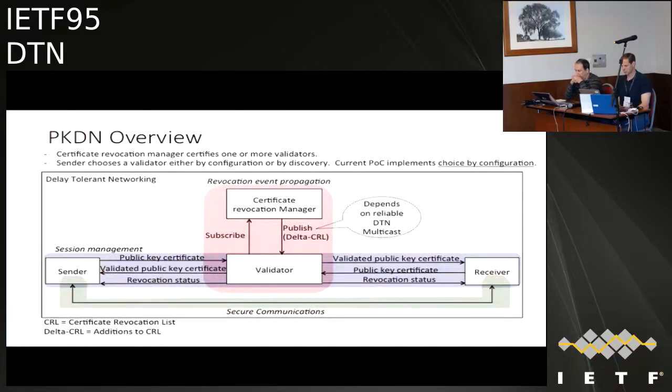Now, the publish message flow from the certificate revocation manager to the validator depends on reliable DTN multicast. That is, we require a reliable DTN multicast to reach only until the validators. We expect there to be a few validators and many senders and receivers.